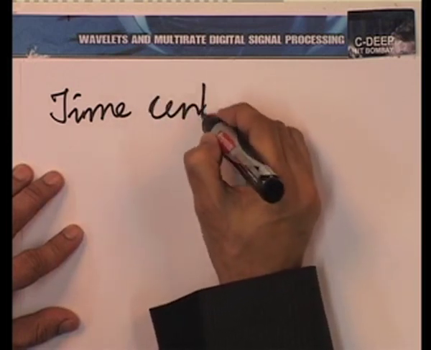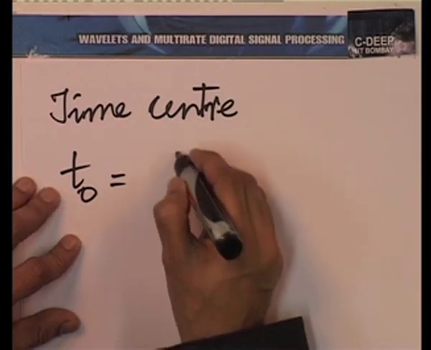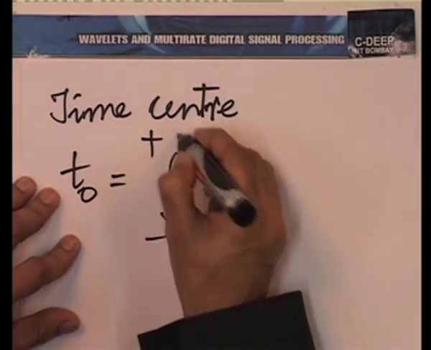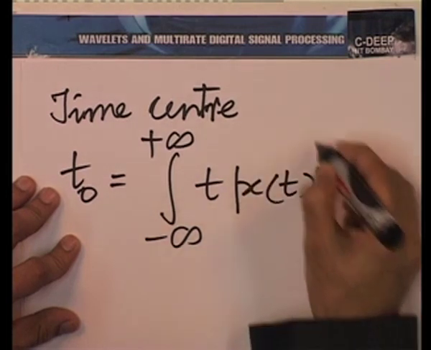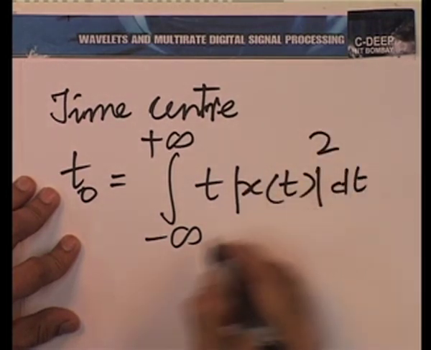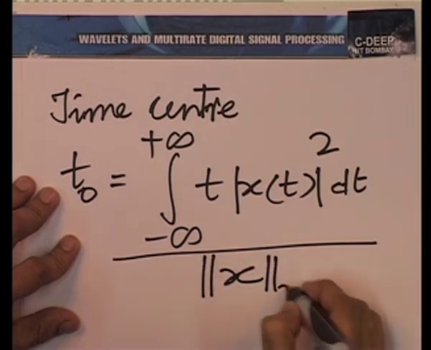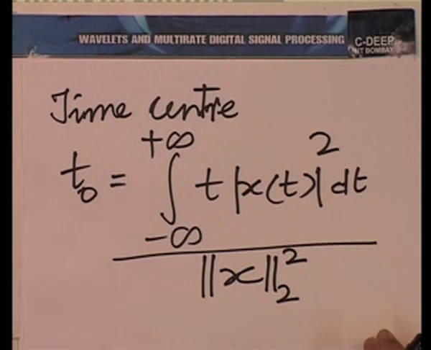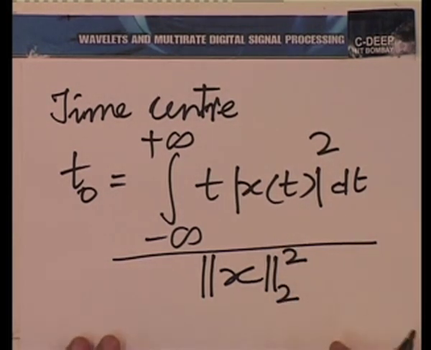So, the time center t 0 was defined according to this, essentially treating mod x t squared as a mass in terms of t and then looking for the center of mass.